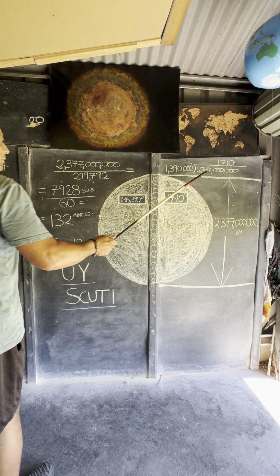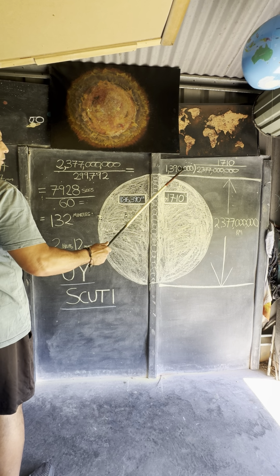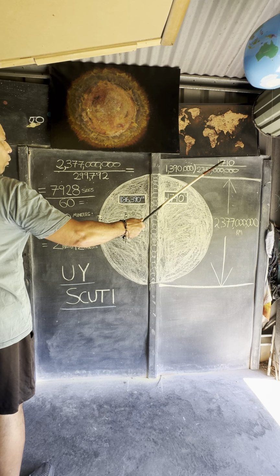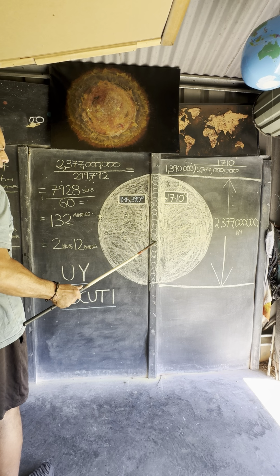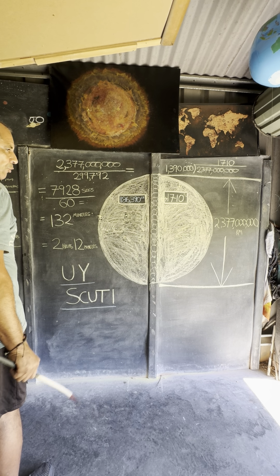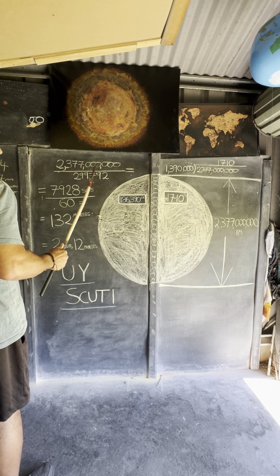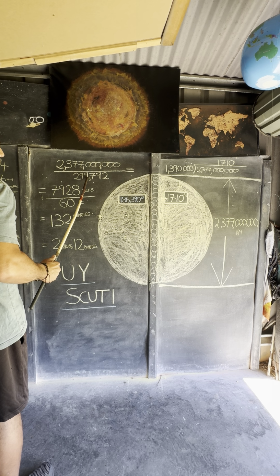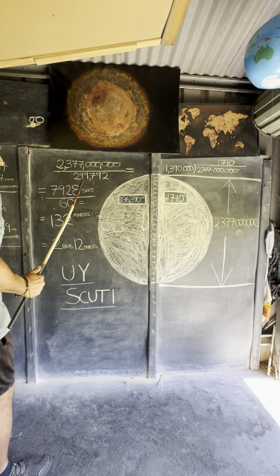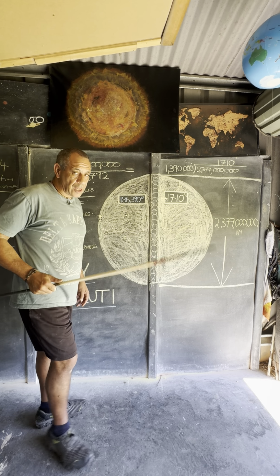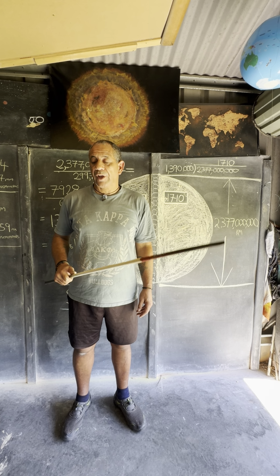If we divide this UY Scuti's diameter by the sun's diameter, 1,710 suns fit inside Scuti's diameter. If we divide Scuti's diameter by the speed of light, we get 7,928 seconds. When we divided our sun by the speed of light, we get 4.6 seconds.